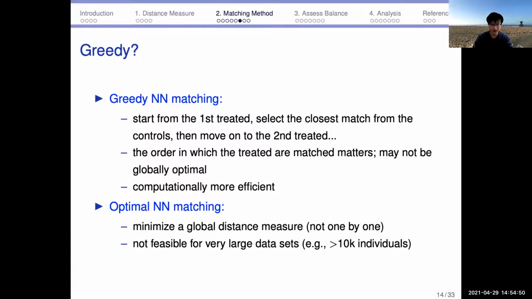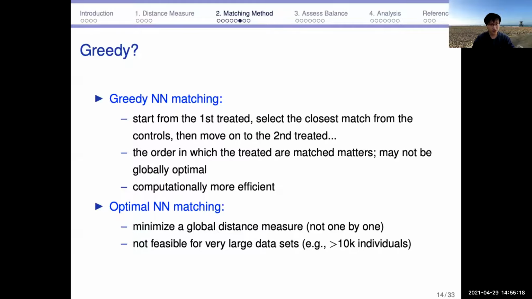You have an ordering, then you start from the first treated, select the closest match from the control, then move on to the second treated, and then select the closest match, so on and so forth. So in this case, the order in which the treated are matched matters. In other words, we may not achieve a globally optimal matching when using a greedy algorithm.